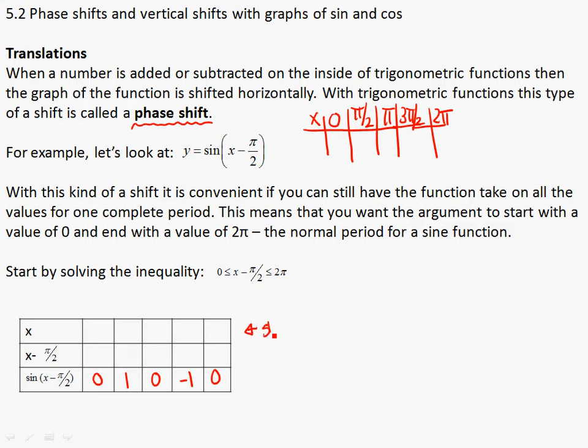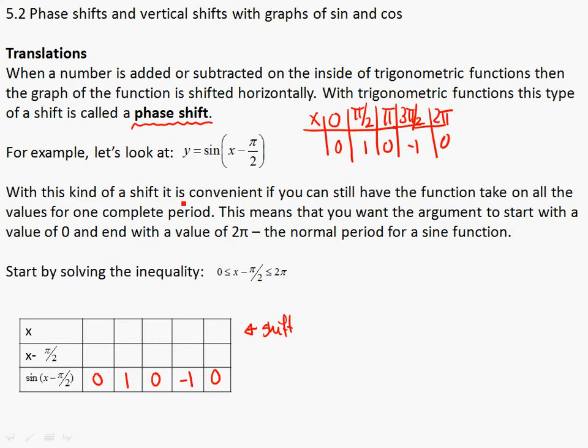This is where you're going to see your shift. We're going to shift those x values so that it basically works as if it said 0, pi over 2, 1, 0, negative 1, and 0. Are you guys okay with the idea here, what we're trying to do, and what I'm hoping to accomplish?